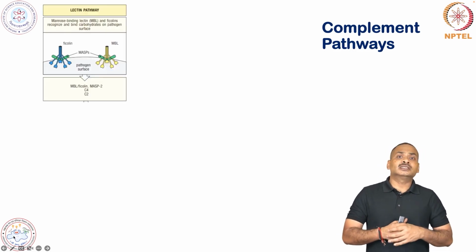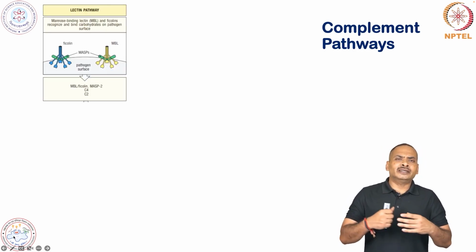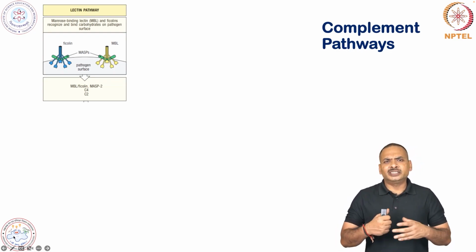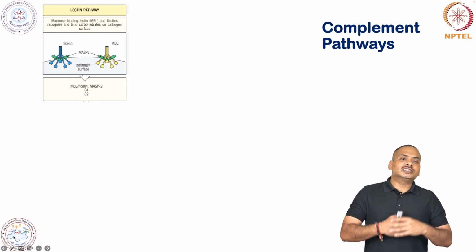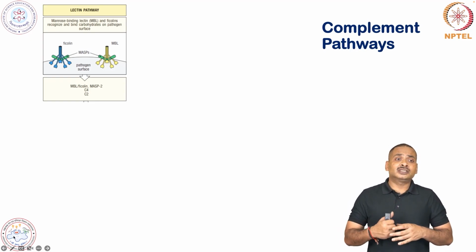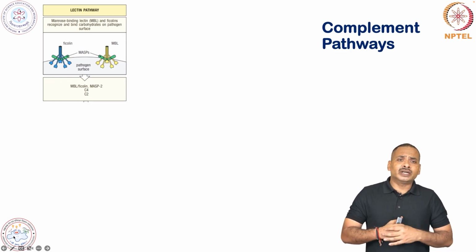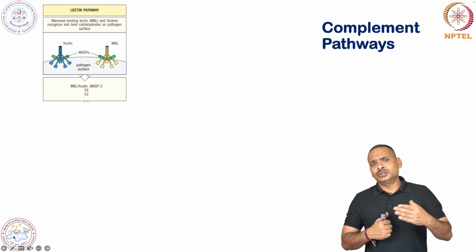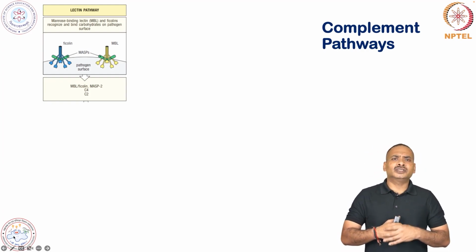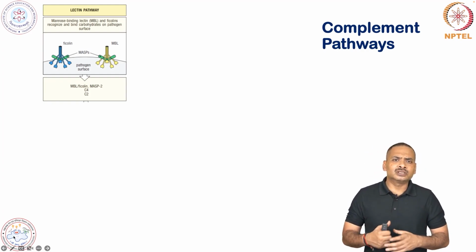Another pathway is the lectin pathway. I have told you there are lectin proteins. What is a lectin? A lectin is a protein molecule which binds with sugar molecules. This lectin pathway is triggered by mannose binding lectin, MBL. I told you about this in the previous session when I was discussing the humoral component.